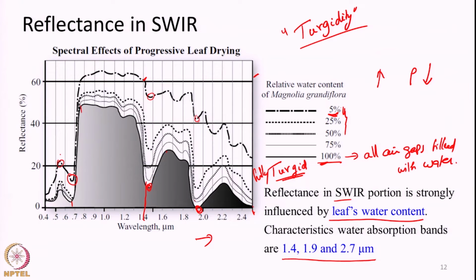So what essentially it means is that the amount of water content will in general influence all portions: as the water content increases, the reflectance will go down, but this is very strongly seen in the SWIR portion of vegetation. So if we want to study vegetation water stress, the immediate signal will come from the SWIR portion, as it may take some time for vegetation to undergo stress before the red reflectance changes.